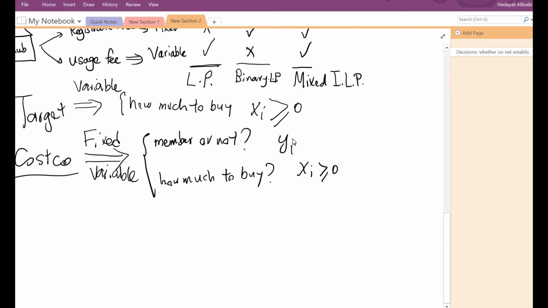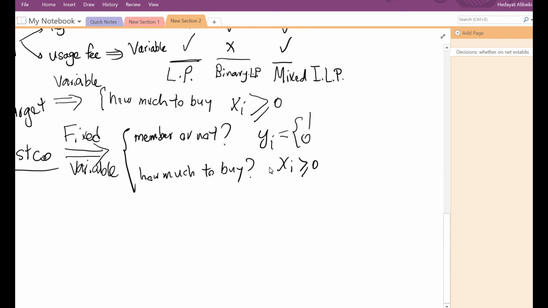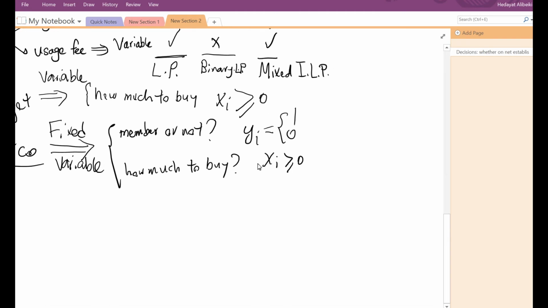Let's just show it with yi, and this would be a 0, 1. So you can be either a member or not. As soon as yi becomes 1, xi can be any positive number. And if you don't become a member, if it's 0, then xi would be equal to 0. You cannot purchase from it.